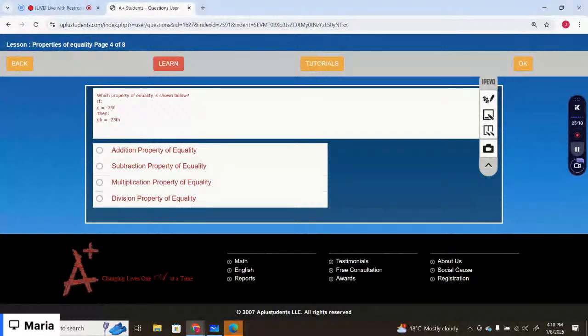Which property of equality is shown? If g equals negative 73 times f, then gh equals negative 73 f times h. So which is the correct option?